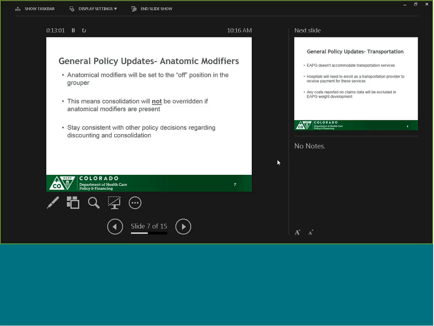Does that make sense? Yeah. Based on the fact that they're already in there, so we're doing the X-ray twice instead of bringing them in a second time, there's a cost efficiency in doing it. But the application of a discount or some other methodology is going to be described so that we know whether discounts were bundled into the other. Yeah, basically, if it's exactly the same EAPG from one to the other, it'll be a consolidation, while if it's a different EAPG, it'll just be a discounting. That's the way the grouper generally works.